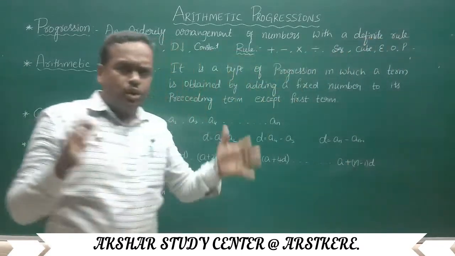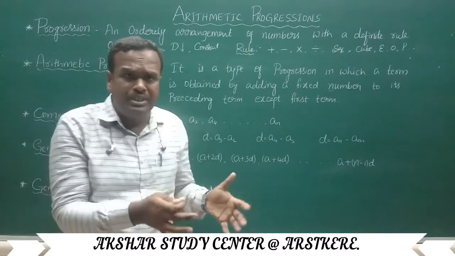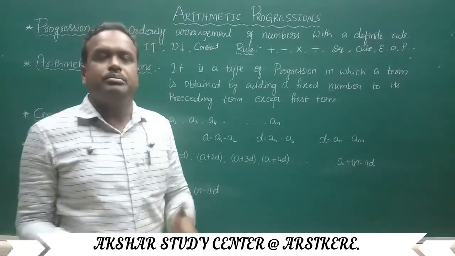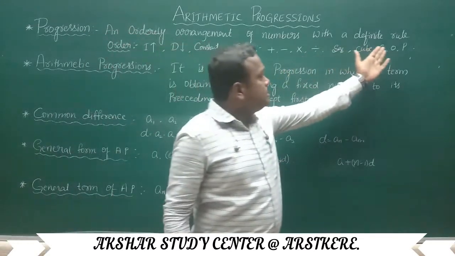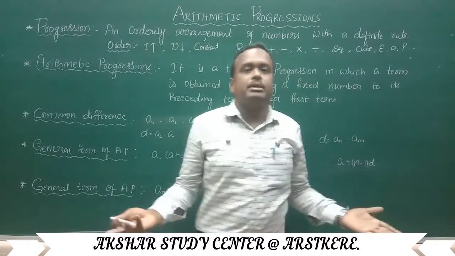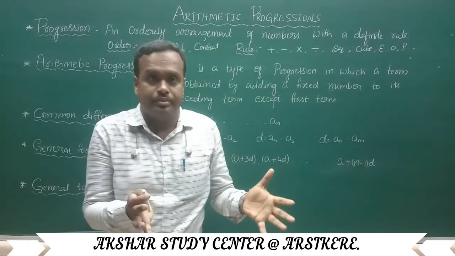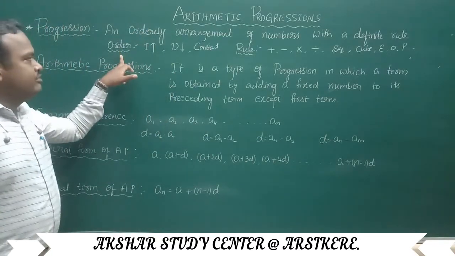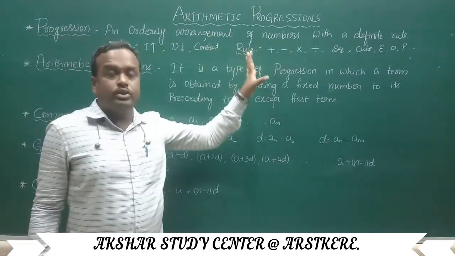If the numbers belong to a particular group, they are following a rule. What rule? Those numbers are square numbers, cube numbers, even numbers, odd numbers or prime numbers. Like that we can give the rule.